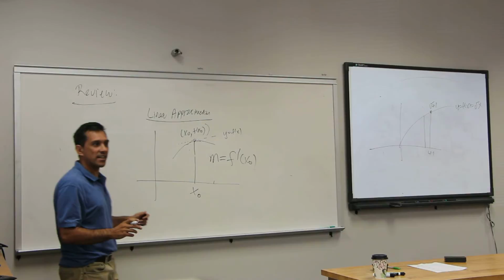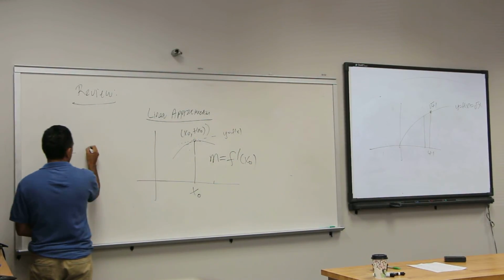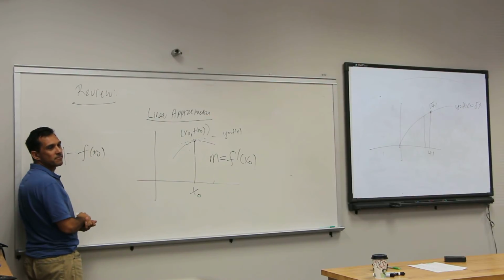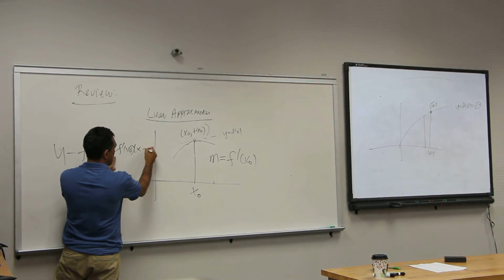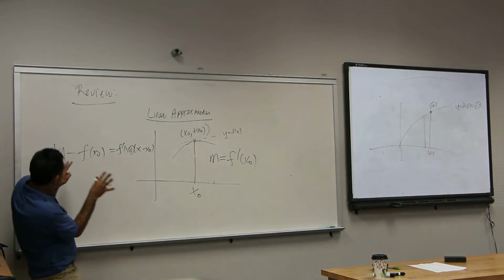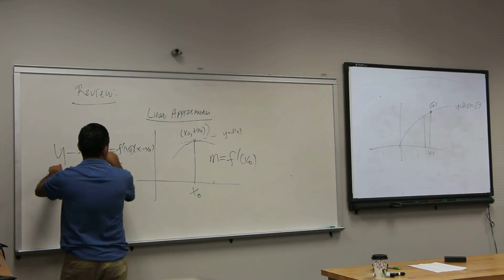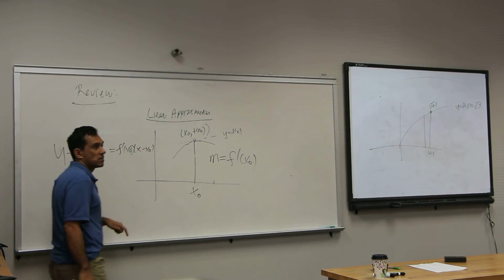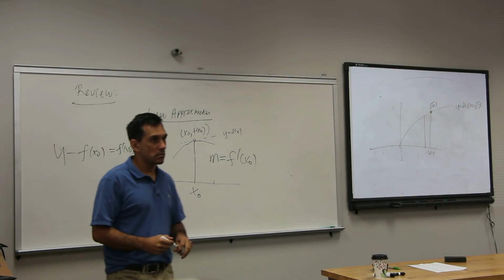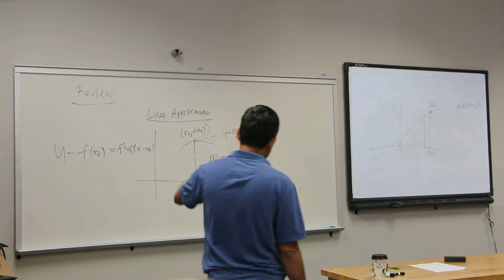Now your college algebra friends are jumping up and down. They know how to deal with this. Then they say, take y minus y1, equals the slope multiplied by x minus x1. Y minus y1 is m times x minus x1. That is it.